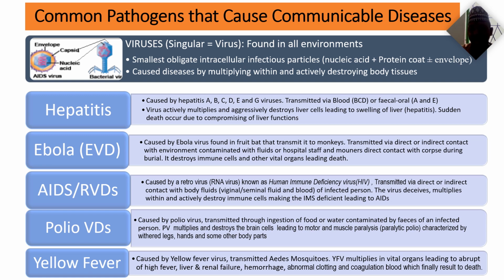So generally, the Aedes mosquitoes transmit the virus either to humans or monkeys through the mosquito bite. After biting the infected person, the virus can be transmitted to the healthy person.